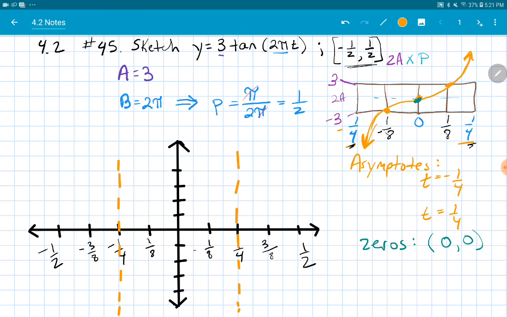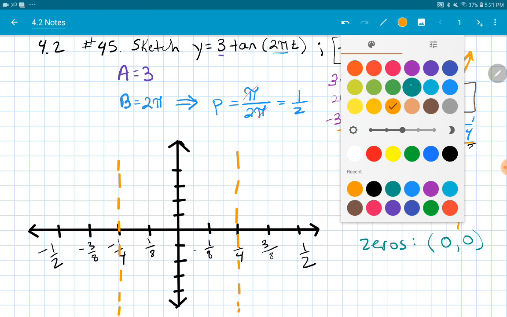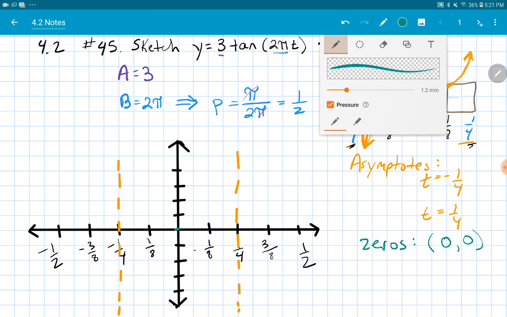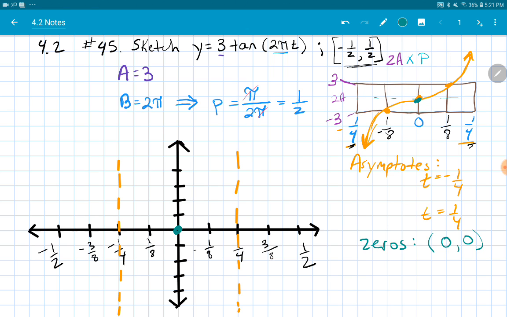But we will have two zeros. So now looking at the zeros, I know that there's one halfway between these two asymptotes. So every 2/4. And then there'll be another one here, and another one here. So 2 tick marks, 2/4 away from that green asymptote.